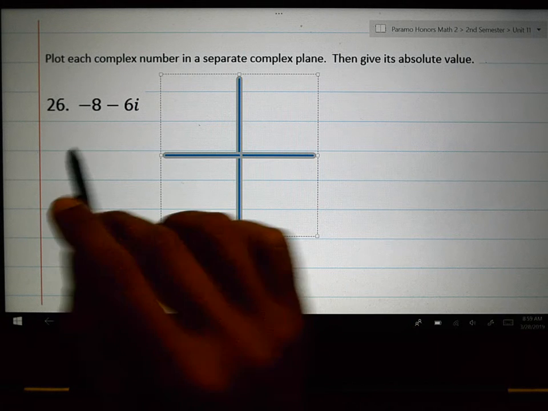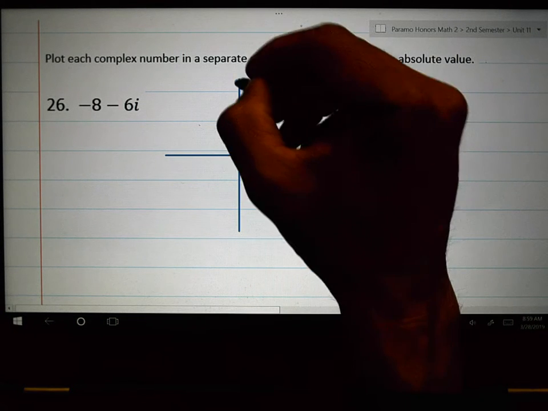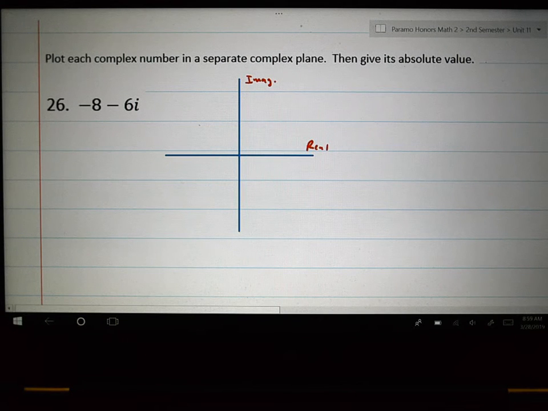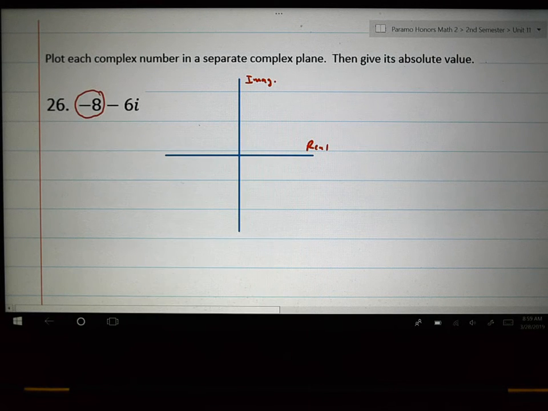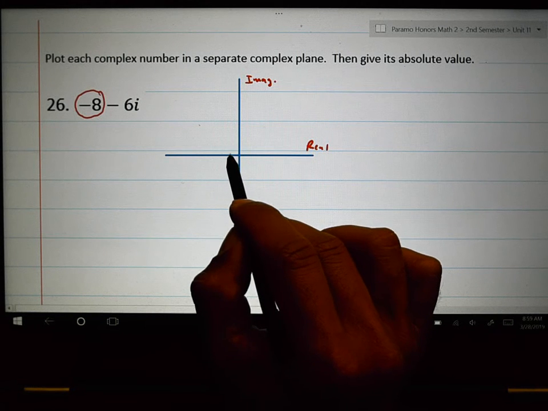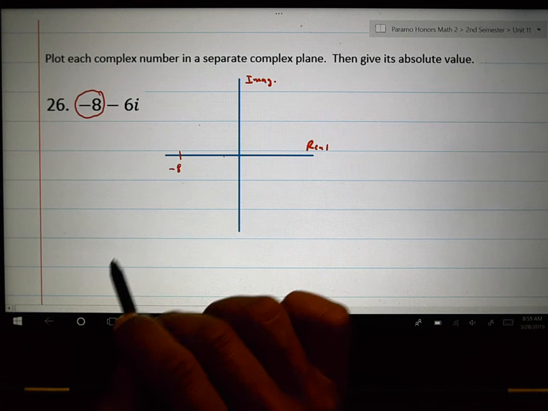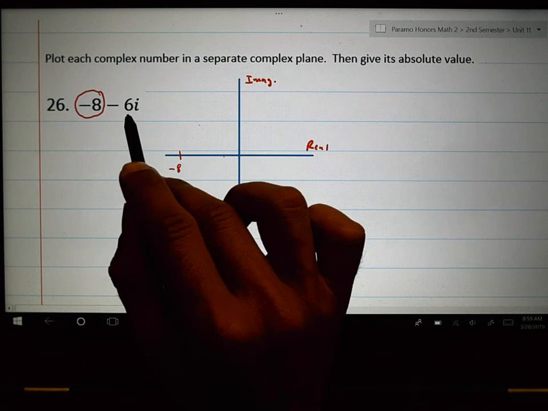Okay? So this is your real component. This is your imaginary component. This is your real component. I have to go how many? 8 units to the left. Do you have to draw 8 lines? No, just go 8 units to the left. My imaginary component is negative 6i.